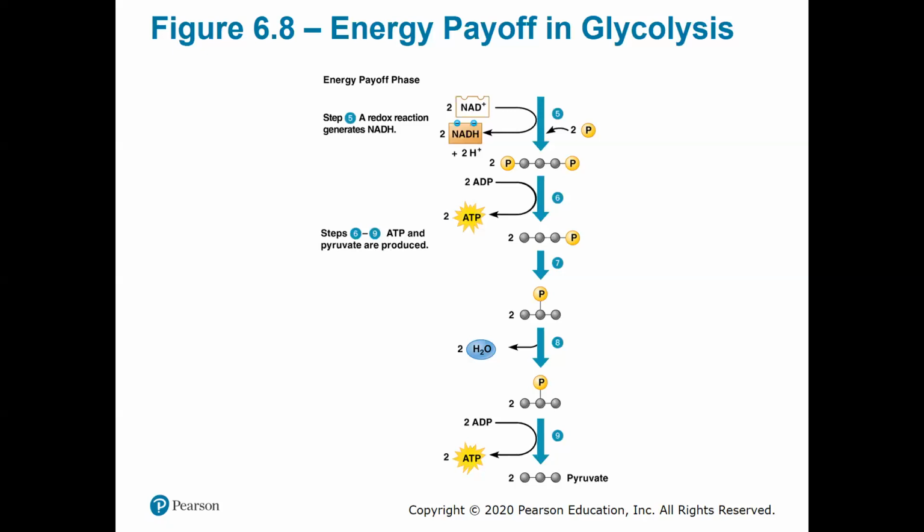Every living cell uses and can do glycolysis. Every living cell on the planet, every prokaryotic cell, eukaryotic cell, they can all do glycolysis. It does not require mitochondria. It happens inside the cytosol.